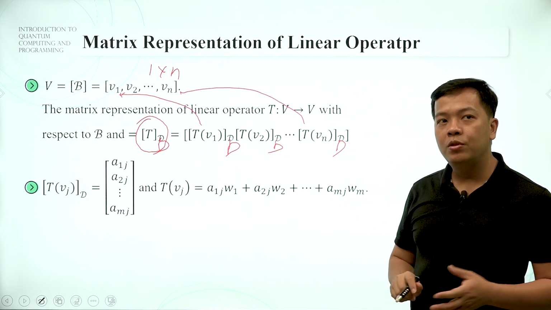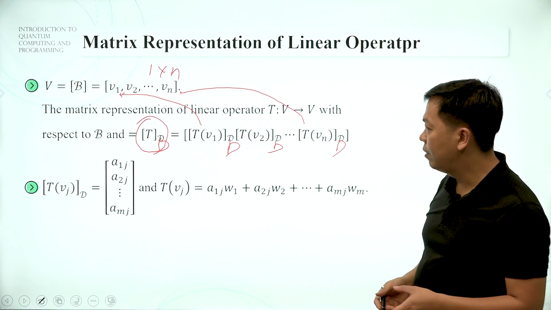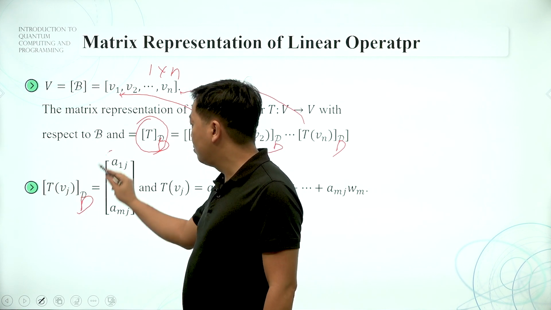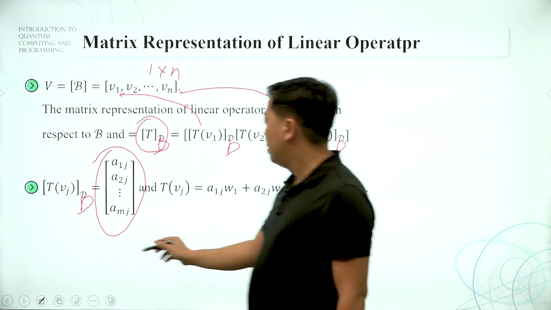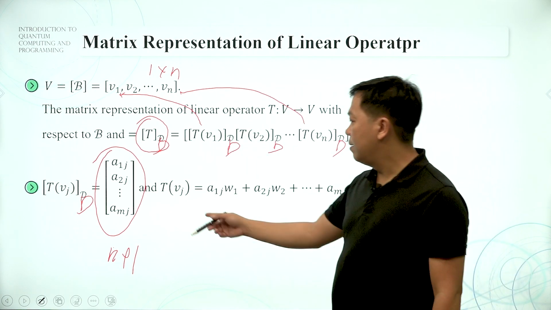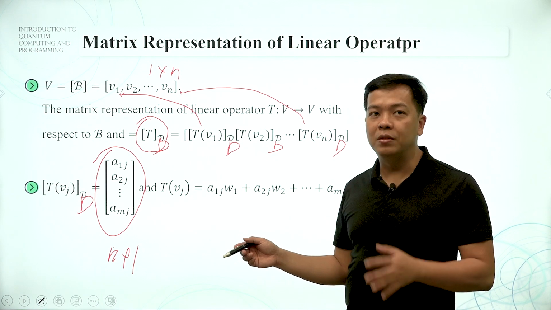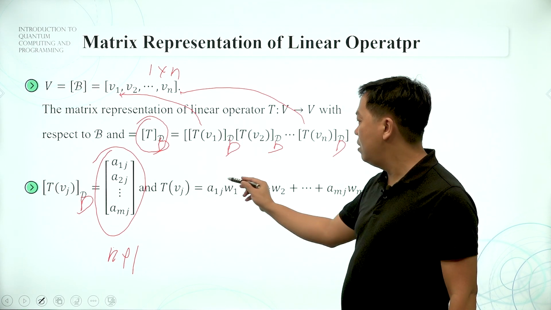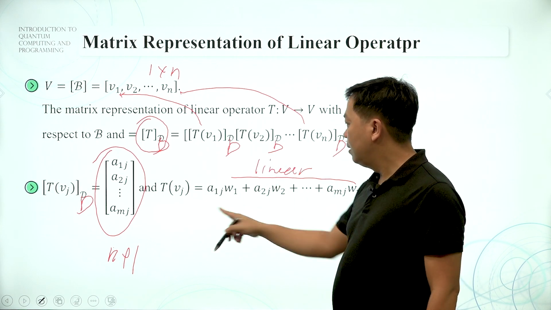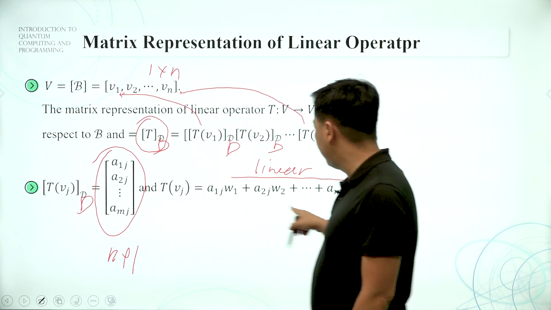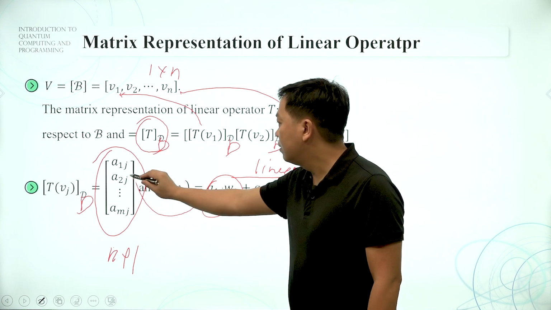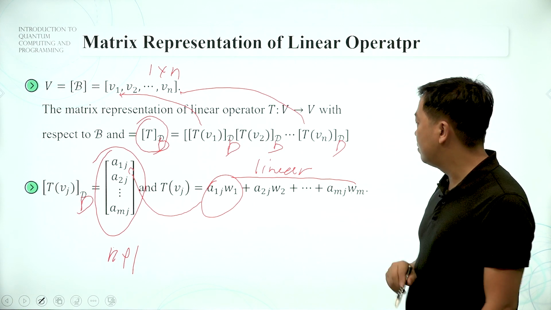After we transform with the linear operator, we have this result in the basis B, so in total n multiplied by 1. Then we can move to the linear combination, where you multiply with the weights.